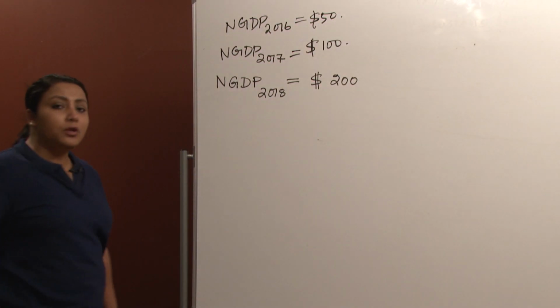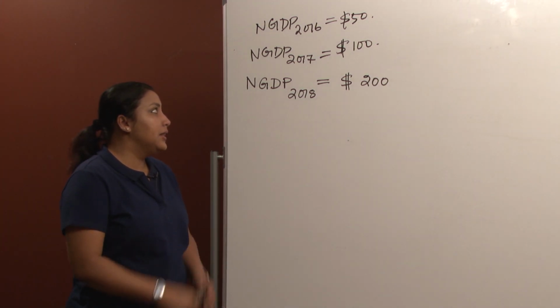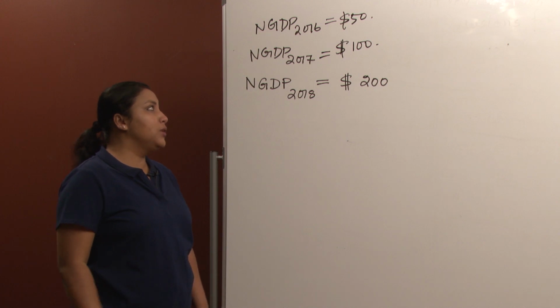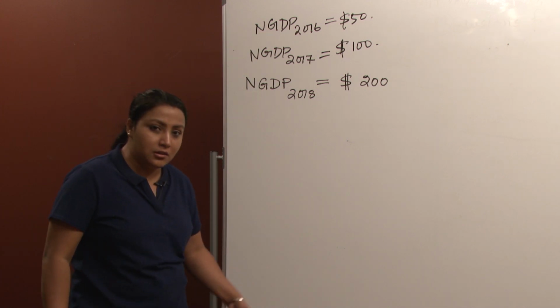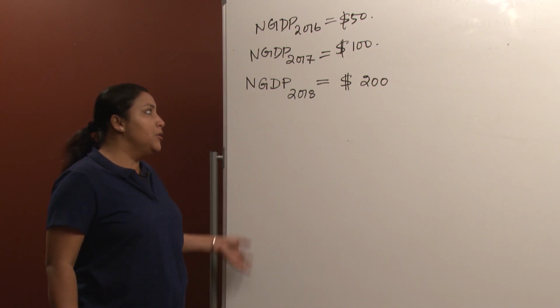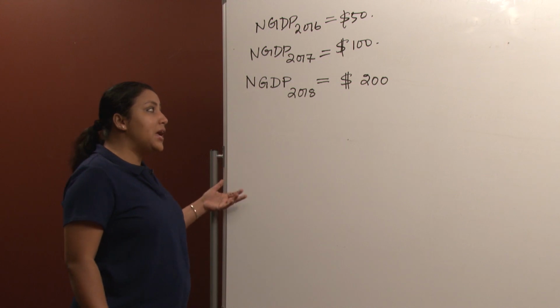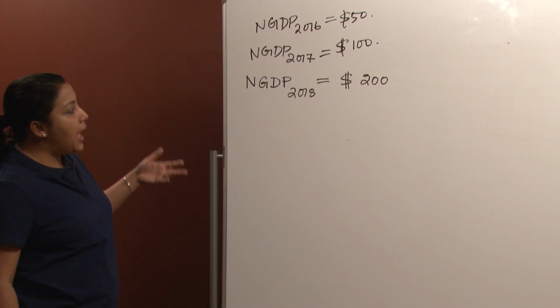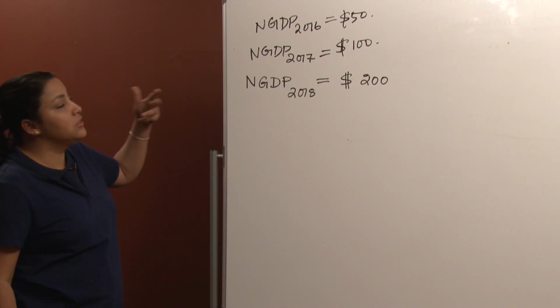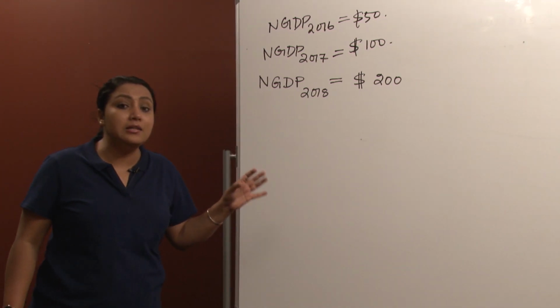Now, just by looking at these dollar values, can we really say that the GDP of United States has doubled from 2016 to 2017, and it has doubled from 2017 to 2018? Or can we say that the GDP number has quadrupled from 2016 to 2018? Can we really say that by looking at these numbers?